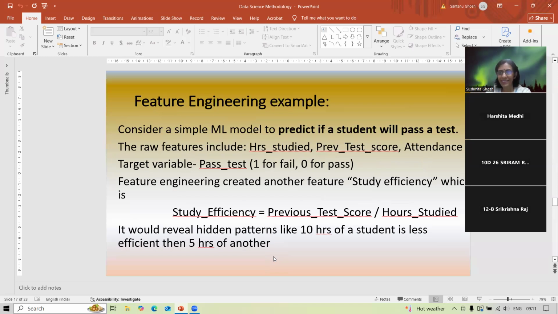You people will come to us within a few months to say, ma'am, please fill in the predictive score in this form, I have to apply. So for the predictive score we judge, suppose Harshita. Now what features have I taken raw: hours studied, previous tests, and attendance. She tells me, ma'am, I study for 10 hours a day, all her previous test scores out of 20 or 40, and her attendance for the year. I have taken these three inputs and I try to give an output which is whether she will pass the coming test or not.